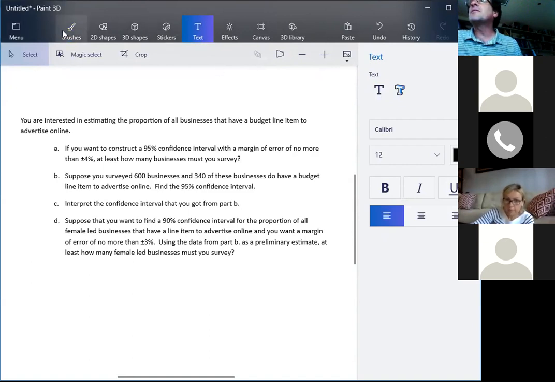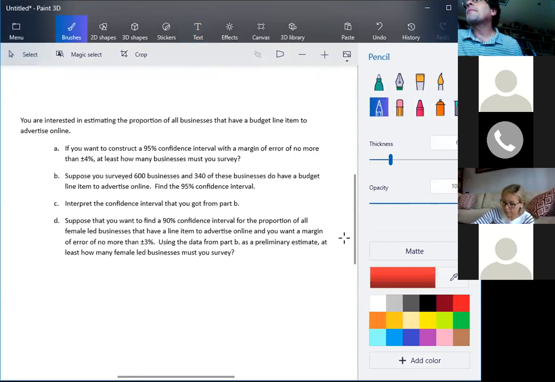And it goes as follows. n is equal to 0.25 times (Z over E) squared.